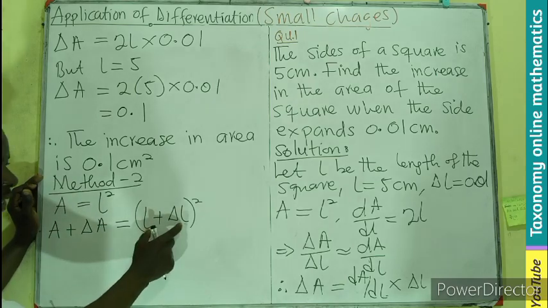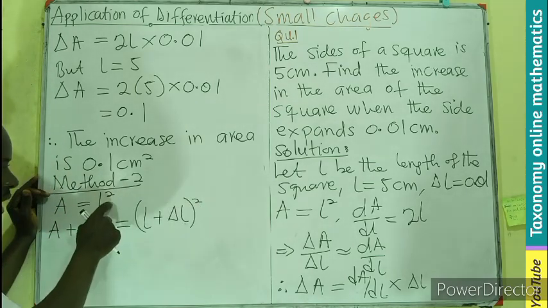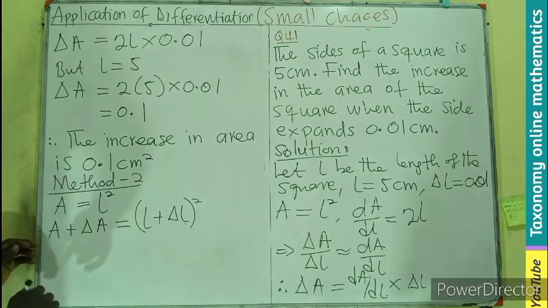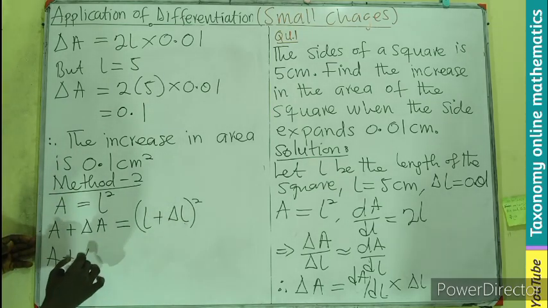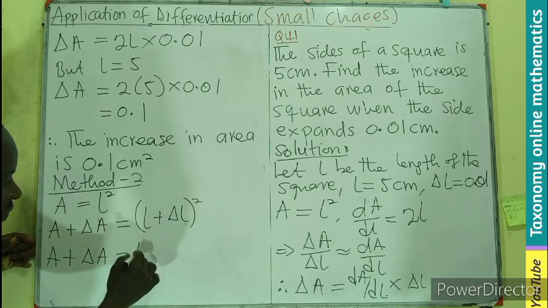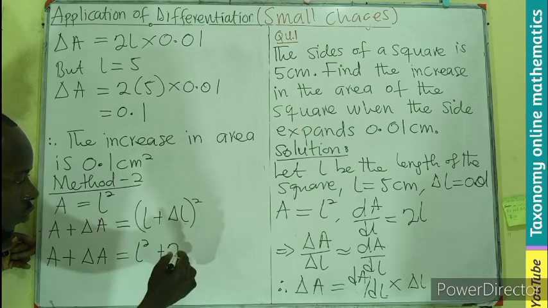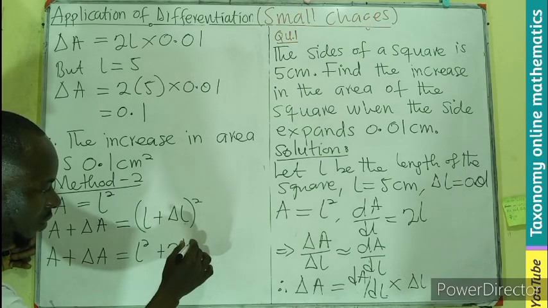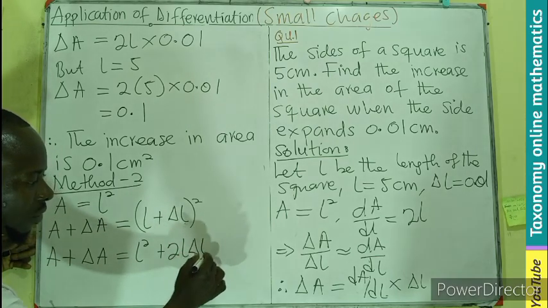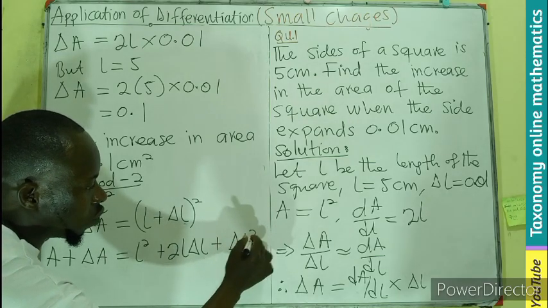So now we can expand this to have A plus the small change equals, you square the first, twice their product, 2L delta L, plus delta L square.